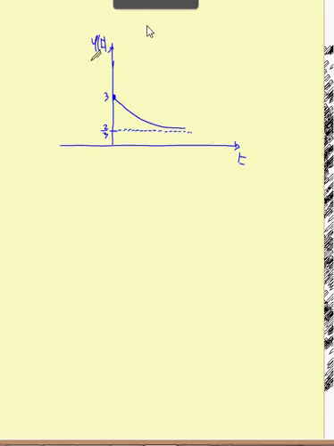So the difference between 0 and y star decreases if time increases. And we will converge towards, also in this case, the equilibrium solution.